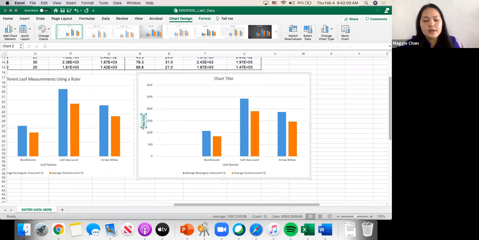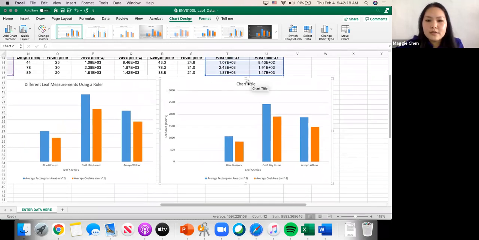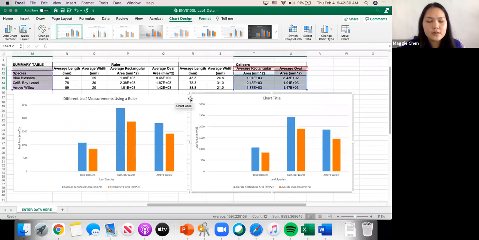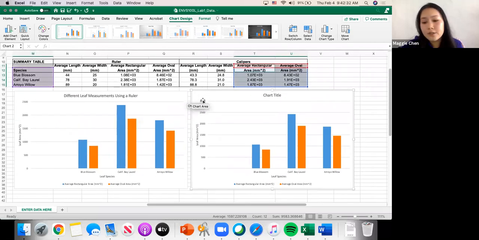And we can change that name to leaf area, again in millimeters squared. And you would just change this chart title to something that indicates that it's our caliper measurements. But that is basically it for our Excel portion. These are the two charts that you're going to turn in.